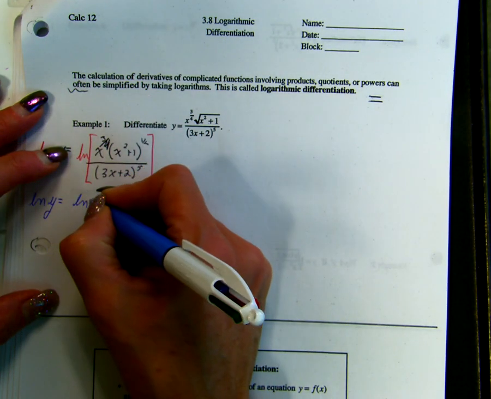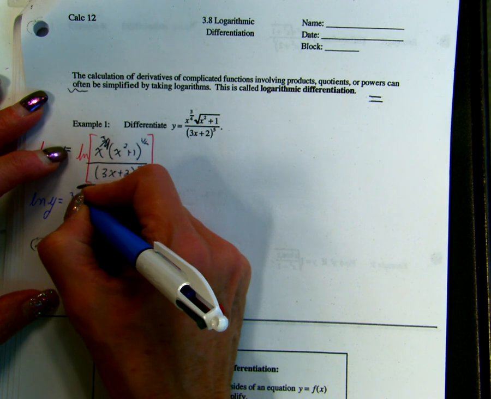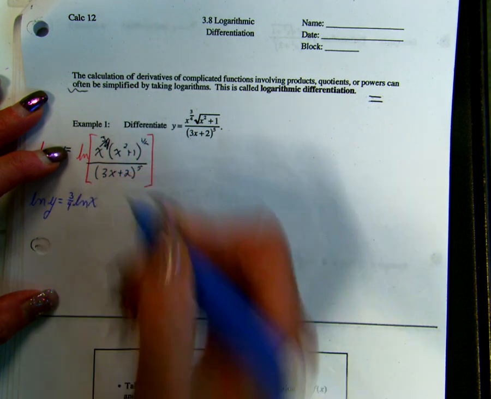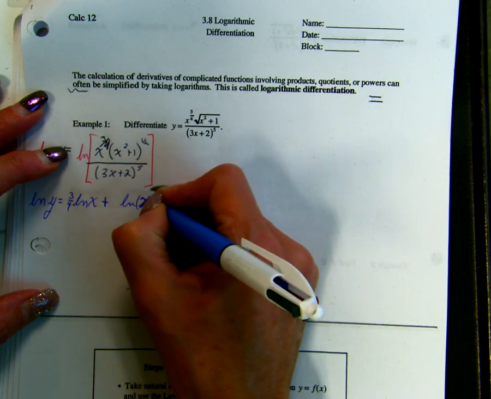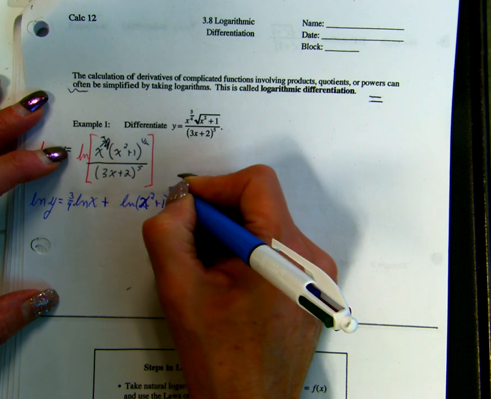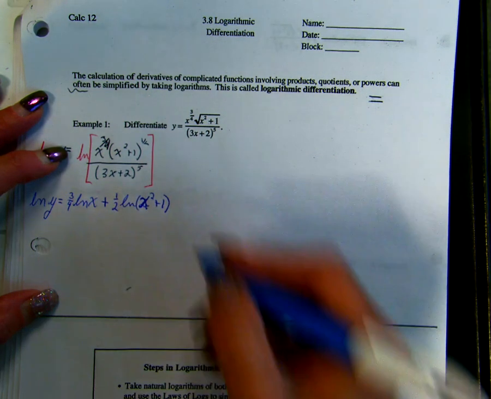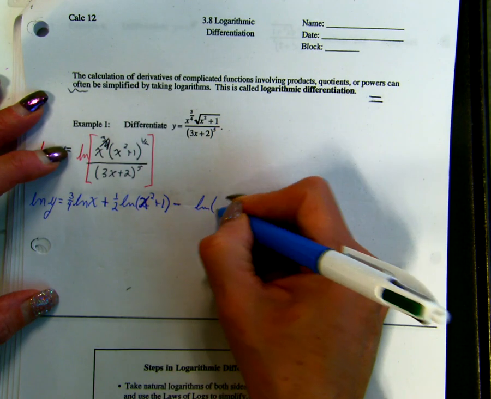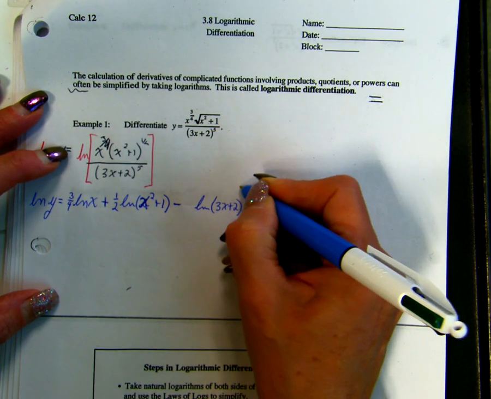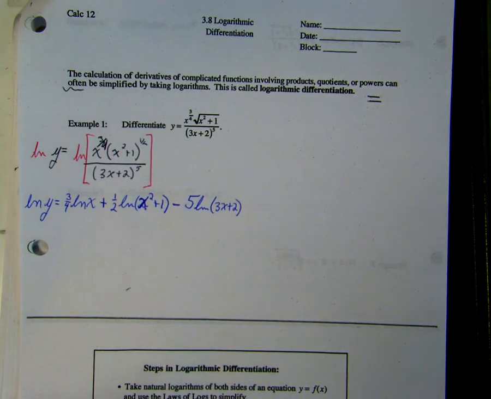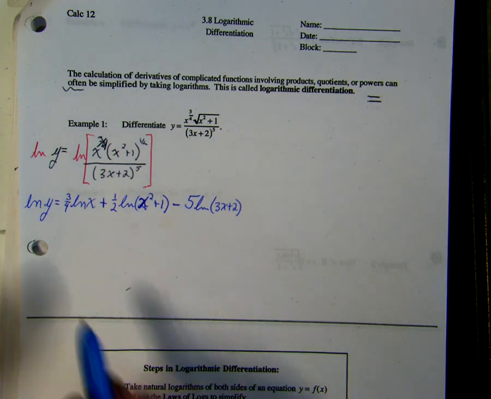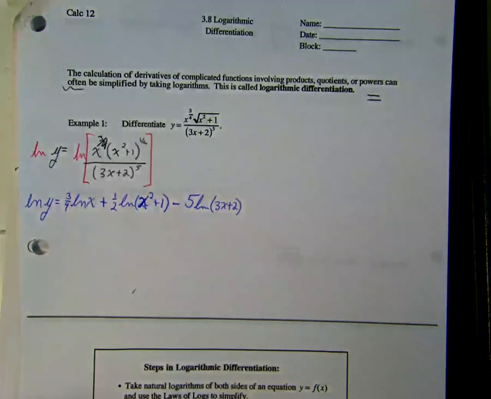So this would be the ln of x to the 3/4, bring the exponent down, plus the ln of x squared plus 1 to the 1/2, bring the exponent down, subtract the ln of 3x plus 2 to the 5th, bring the exponent down. Okay, so we've simplified that. We've spread this out as much as we possibly can.